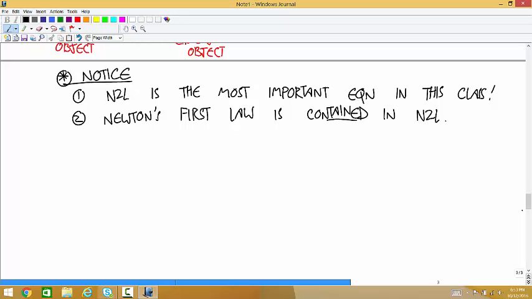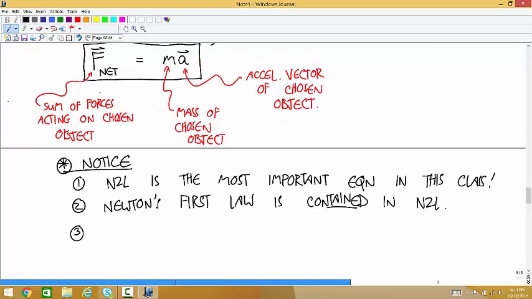And then the third thing to keep in mind is when you're using Newton's second law, notice that when I labeled what all of these quantities are, that idea of a chosen object kept coming up. And that's sort of a key thing, and it's going to be an important thing that we're going to talk about, being very clear about what object you're choosing to use Newton's second law on.